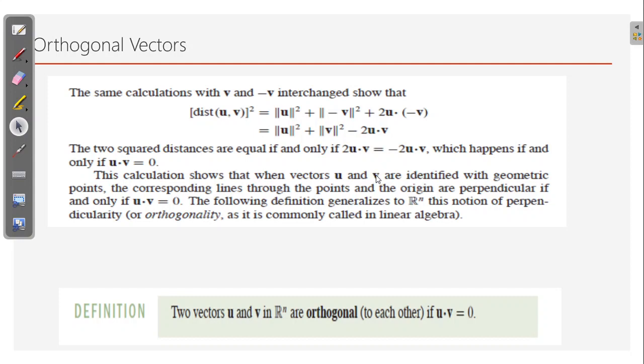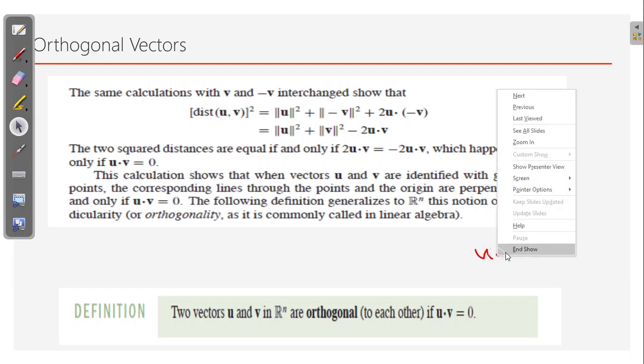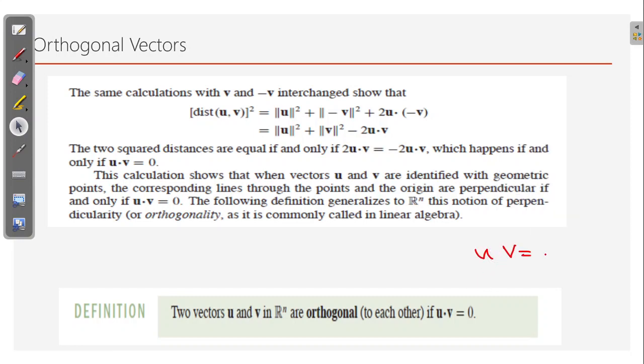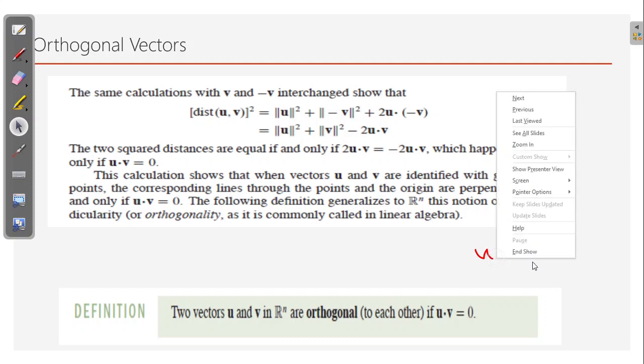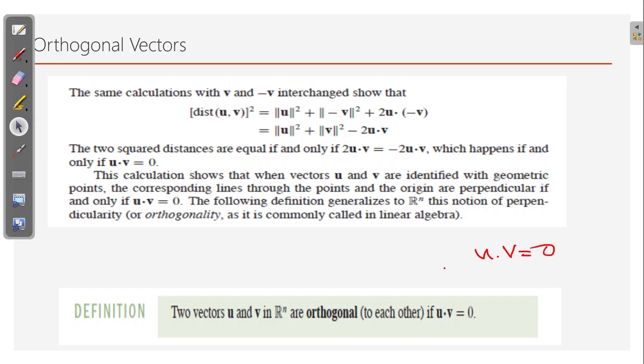Now you can extend the same proof to Rn also, and we define that two vectors u and v in Rn are orthogonal to each other if and only if their inner product is equal to 0, that is u dot v equal to 0.